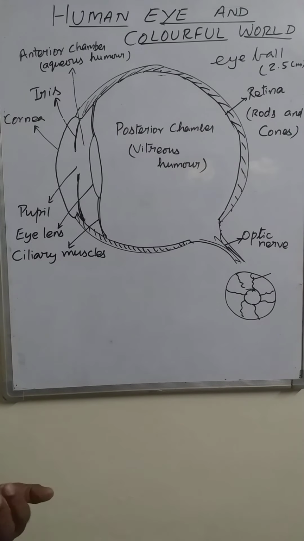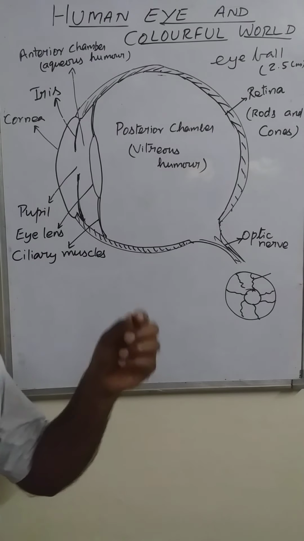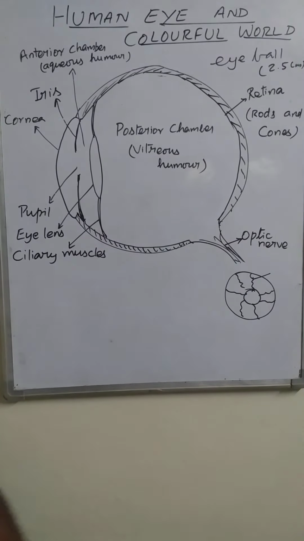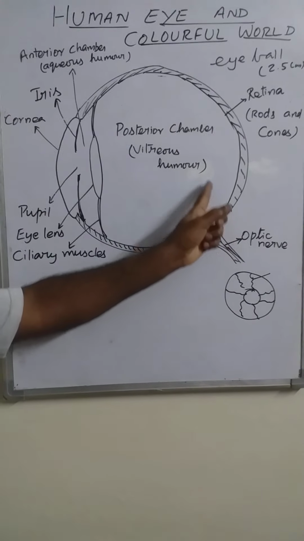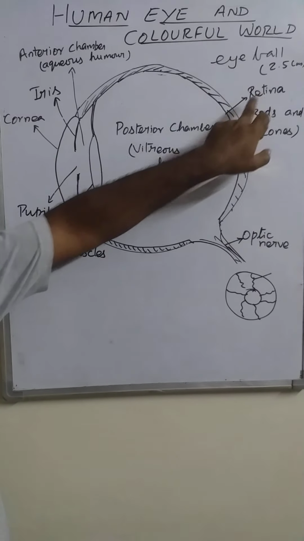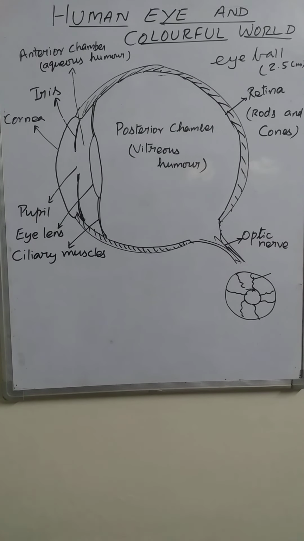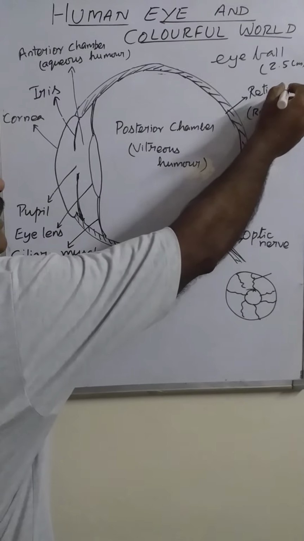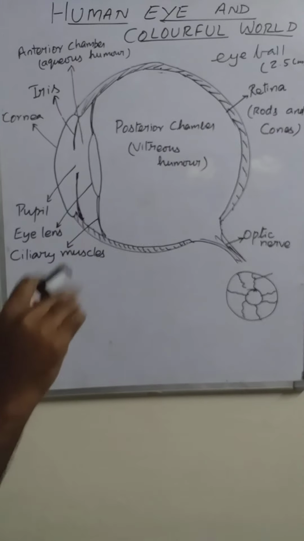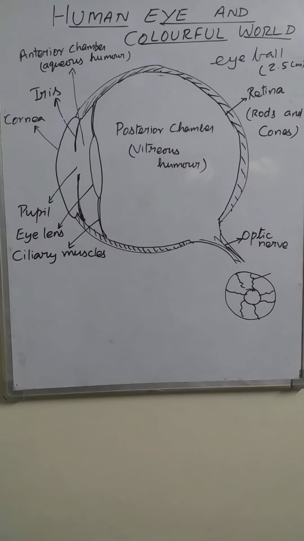In the light chapter we came across the word screen where the image is formed. Here also, inside the eyeball, the image is formed on this retina. So we call this the screen of the eye. That image is formed with the help of two kinds of sensory cells, rods and cones.